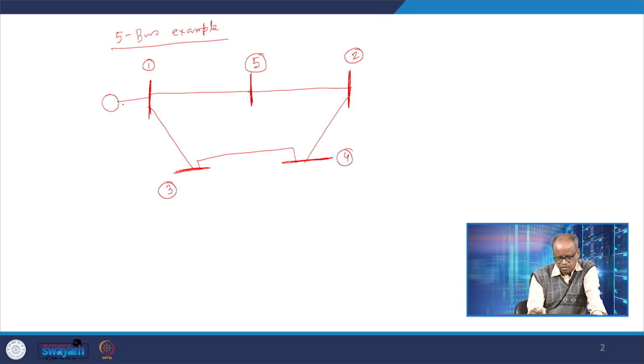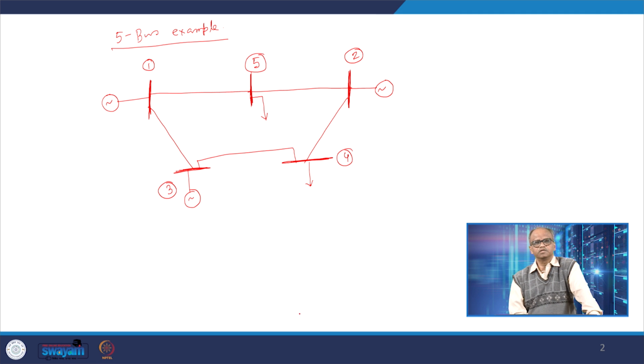One is connected at bus 1, one is connected at bus 2, one is connected at bus 3. So there are 3 generators, and bus 5 and bus 4 are load buses. Please note, all these buses are unbalanced buses and all these lines are unbalanced lines.